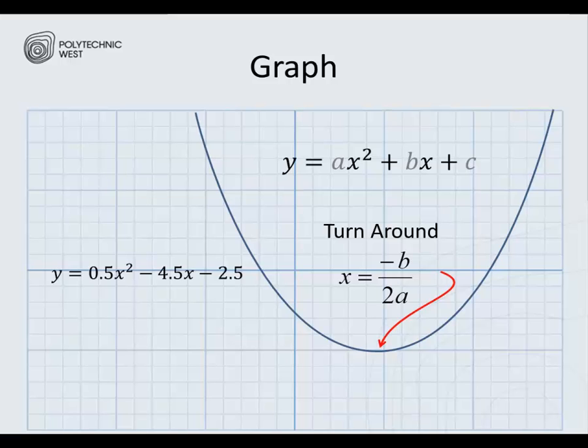So the a value is 0.5, the b value is minus 4.5, and the c value is minus 2.5. It turns at minus b over 2a. So putting that in, minus minus 4.5 divided by 2 times 0.5, which was the a. And that comes out as 4.5, and that looks about right.